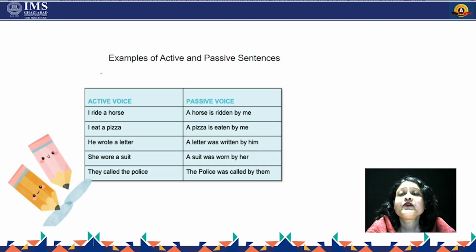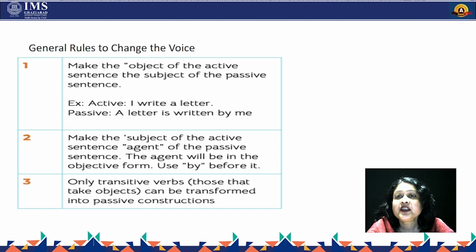Now, when we are transforming a sentence from active to passive voice, you can see that we are changing the form of the verb. We need to understand the various rules or guidelines that need to be followed. Some general rules: you need to make the object of the active sentence the subject of the passive sentence.